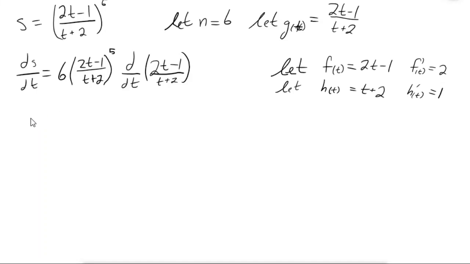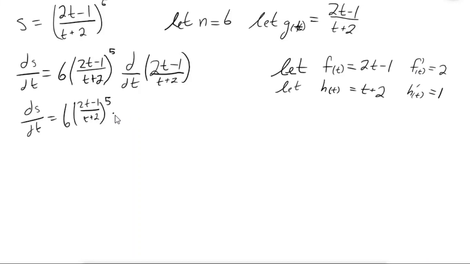So we have ds with respect to t is equal to, just copy the first part down, (2t minus 1 over t plus 2) all to the power of 5. And then we're going to multiply it by our derivative. If you remember our quotient rule, it is the bottom times the derivative of the top minus the top times the derivative of the bottom.